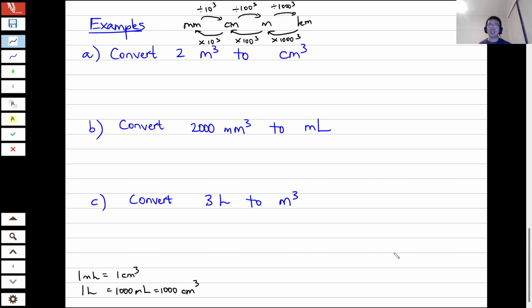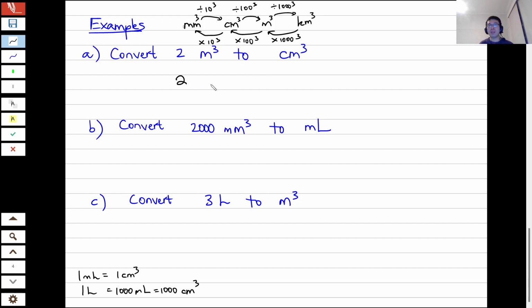Okay, so first question. I want to convert from cubic meters, so I should write the little 3 on top each time, otherwise it's wrong, so sorry about that. Cubic centimeters to cubic meters to cubic centimeters. So what do I need to do?